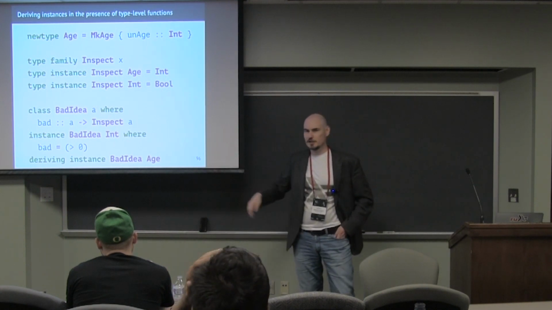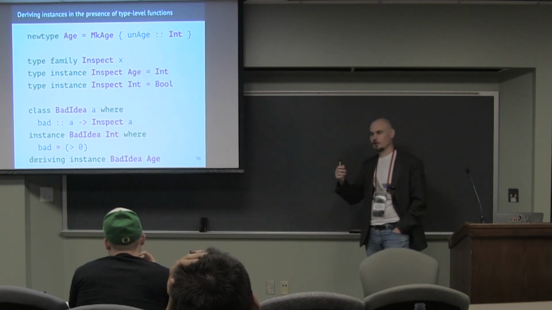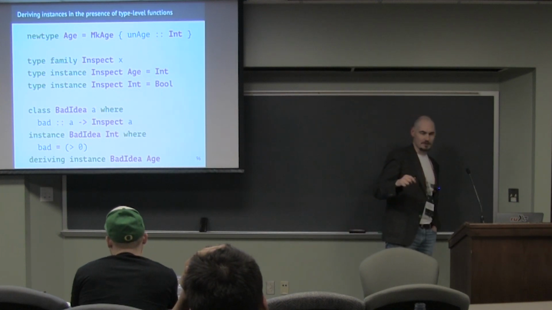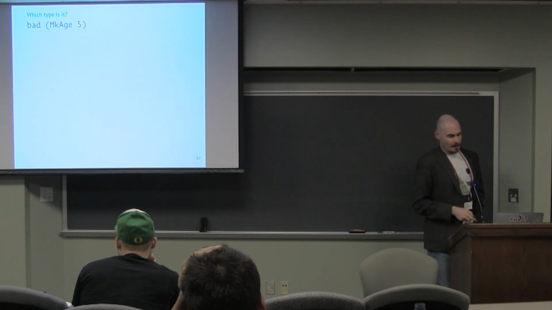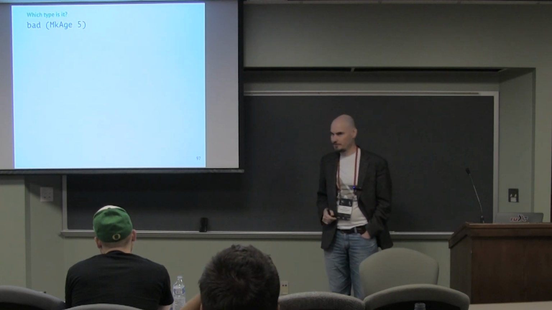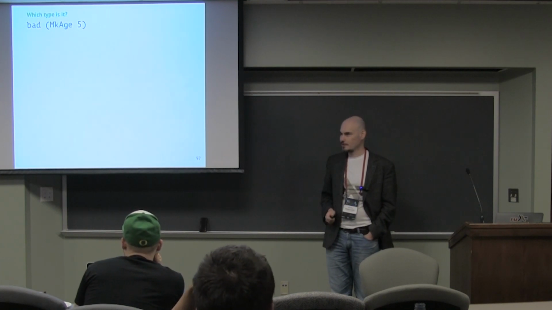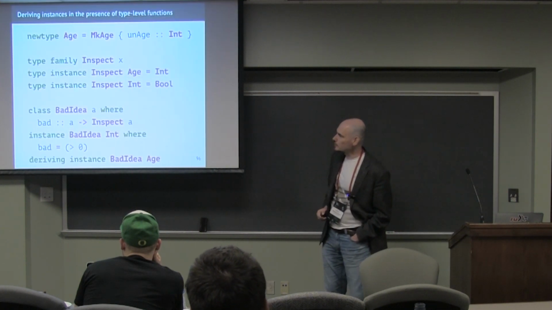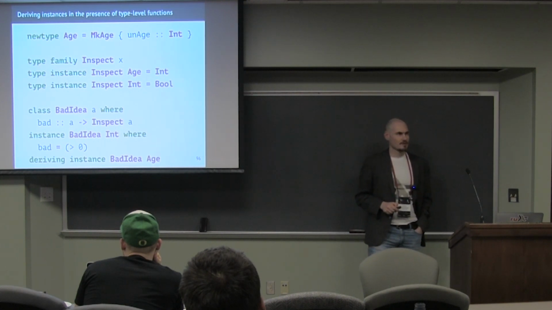And then you derive this instance for Age. Deriving instances, that means you will use this deriving with a coercion that Age is coercible to Int. And now the question: what is the type of this expression? Can you type check this expression? So, well, let's see again here. What is the type of bad (MkAge 5)?